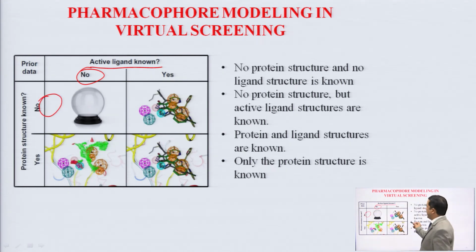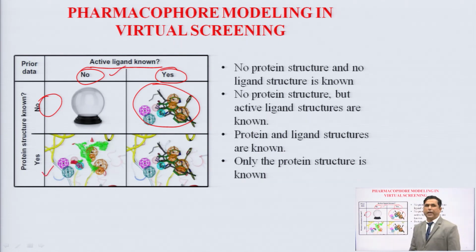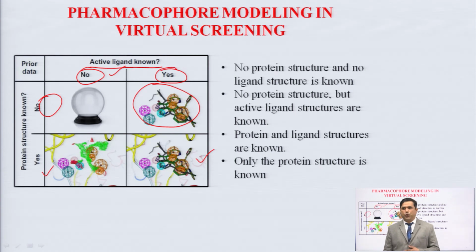Now, the second: the ligand is known, but the structure of the target is not known. The third one: the ligand is not known and the structure of the target is known. The fourth condition is that the ligand is known and the target is also known.